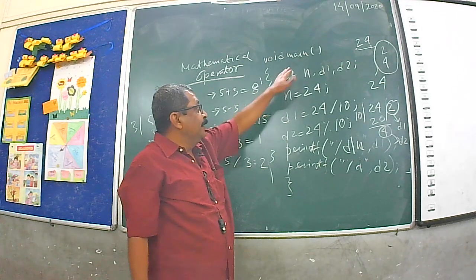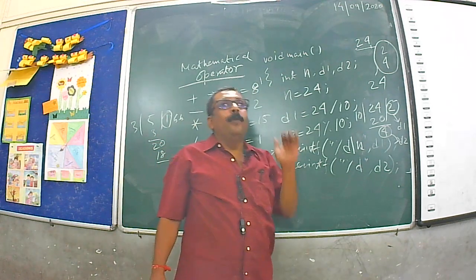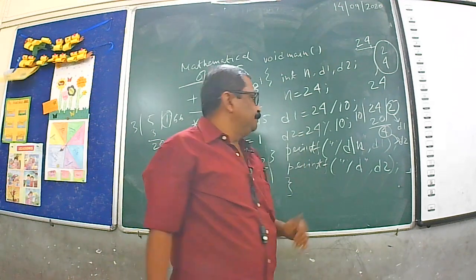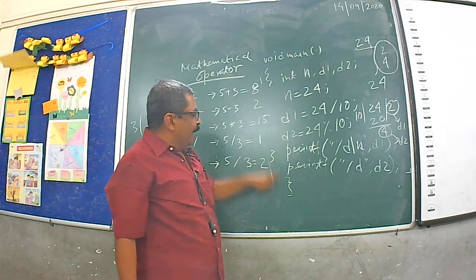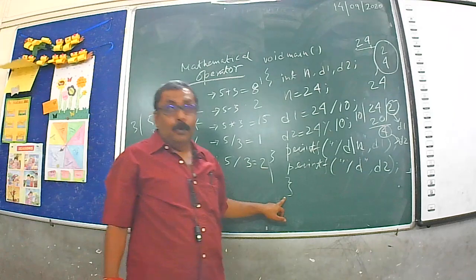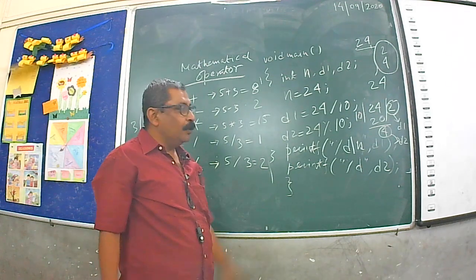So void main, open braces, start your program, whatever program you want to write. After completion, at the end you have to close the braces. So open braces and close braces are very important.